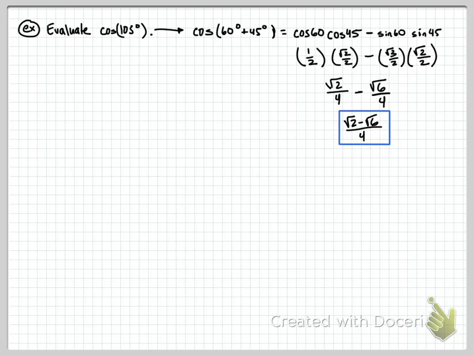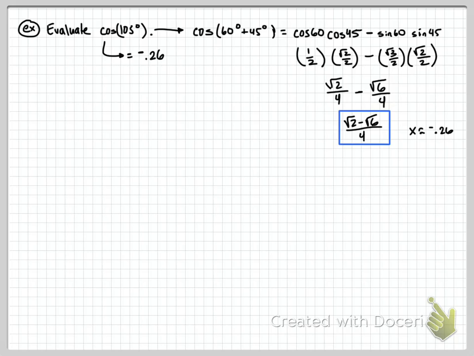If we were to type this in our calculator, we'd end up getting x approximately equals negative 0.26, which will make a bit more conceptual sense. So what we mean here is if I evaluate cosine of 105, I'll get about negative 0.26.